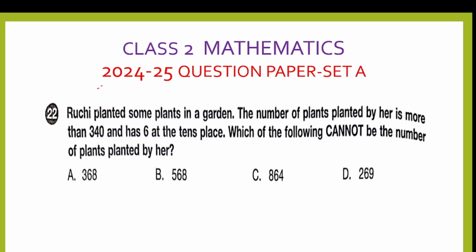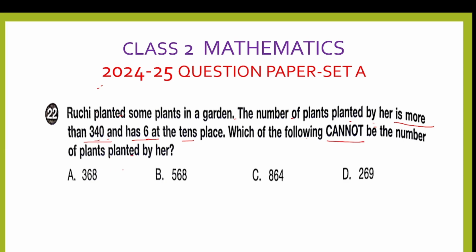Ruchi planted some plants in the garden. The number of plants planted by her is more than 340 and has 6 at the tens place. Which of the following cannot be the number of plants planted by her?